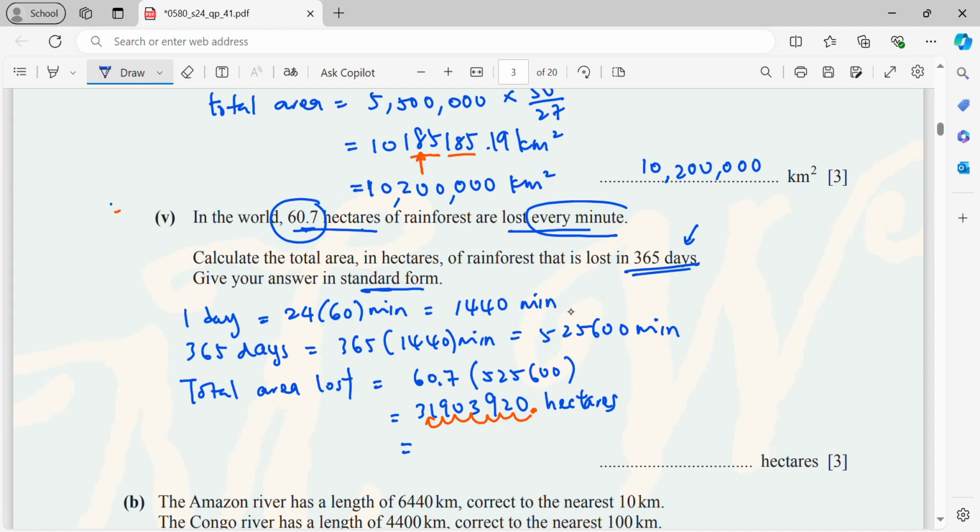Therefore, your standard form is basically 3.19. Since we need to give our answer correct to 3 significant figures, the rest of the values I will just ignore, and then times 10 power 7 hectares. So the answer is 3.19 times 10 power 7. So that is our standard form.